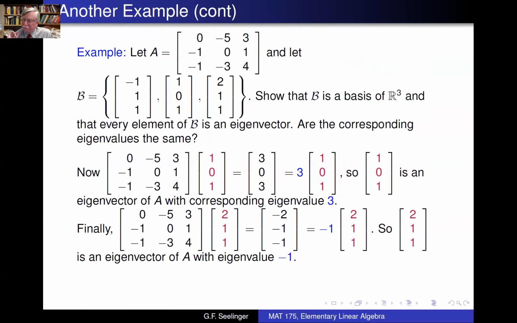All right. So what do we have? We have a basis where each basis element is an eigenvector. And they have different eigenvalues. This one has 2, this one has 3, this one has negative 1. So we can create bases of eigenvectors.